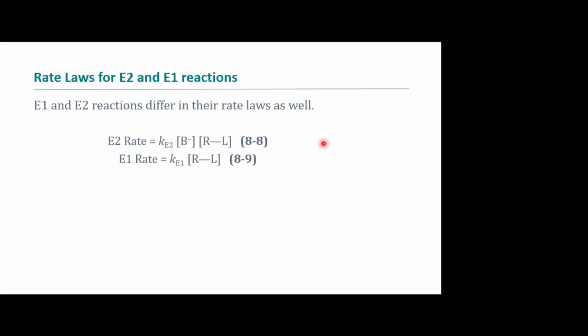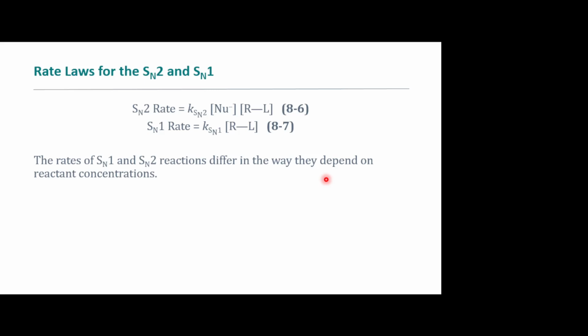So E1 and E2 reactions, again, are going to differ by their rate laws. Notice E1 looks essentially like the SN1 because the slow step for an E1 and SN1 reaction are the same. They're the exact same step. Your ligand loses the leaving group, and thus it forms the carbocation.